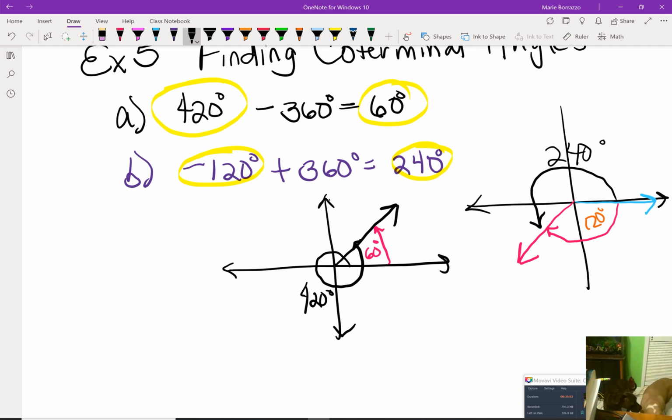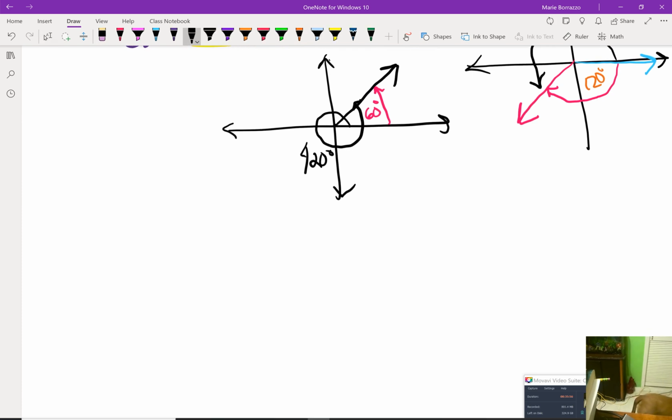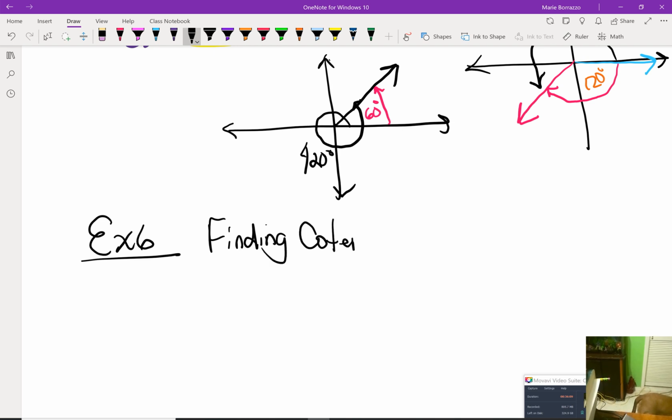Okay, example 6, we're doing the same thing, but this time our measures are in radians. We're finding coterminal angles, nothing changed. And I urge you to explore this.